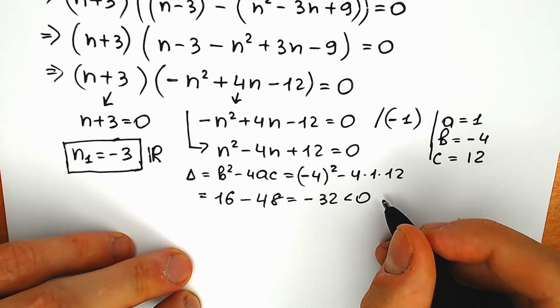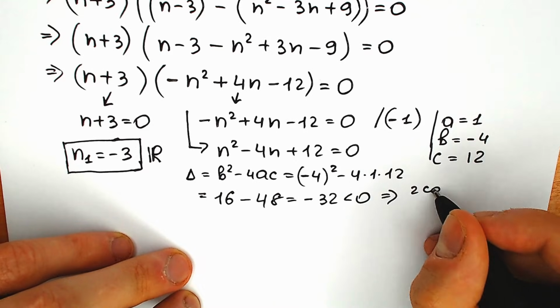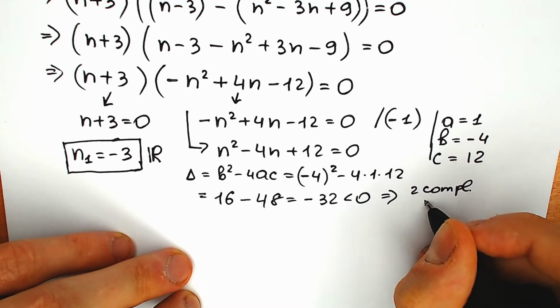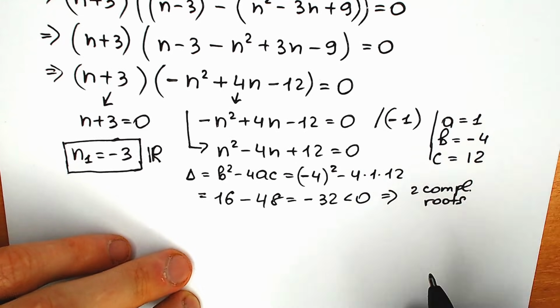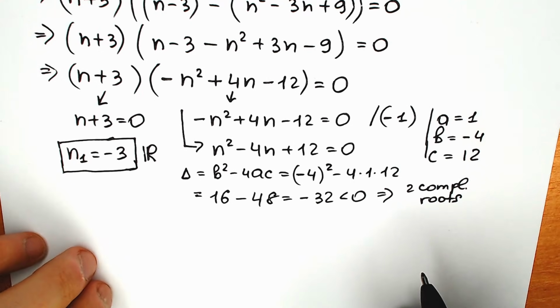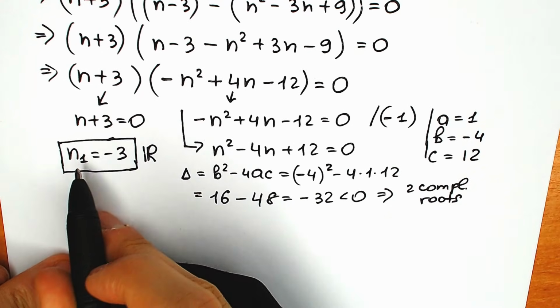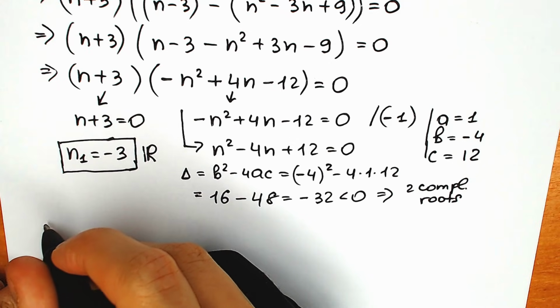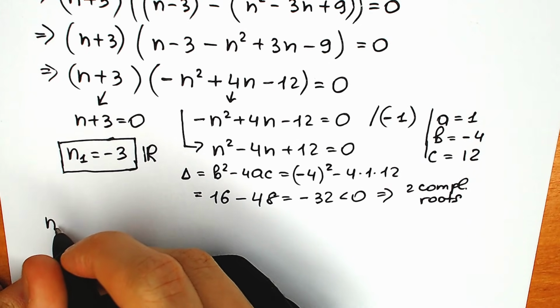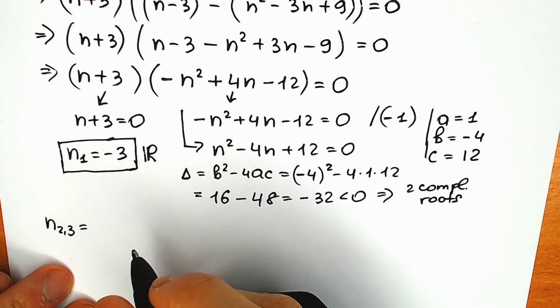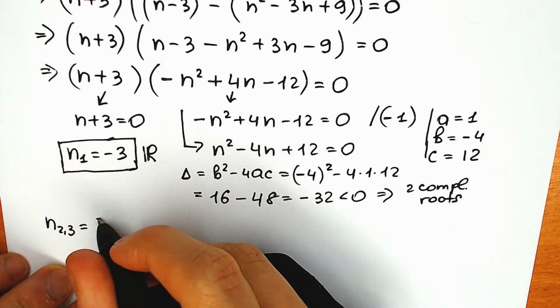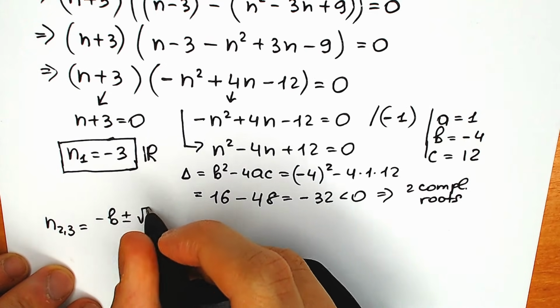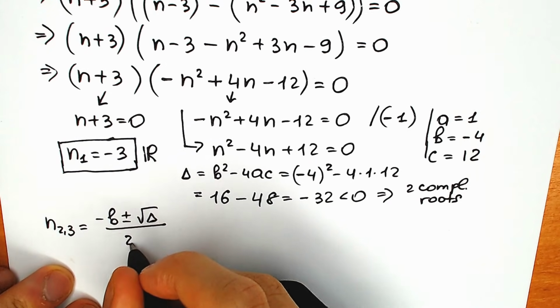So it means that right here we have two complex roots. In this branch we have two complex roots, and let's find them. So n first is a real number root, but n second and third, these two roots are going to be complex. So we have minus b plus minus square root of discriminant, all over 2a.